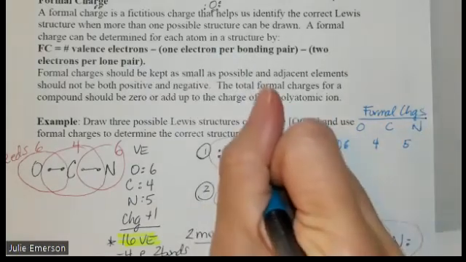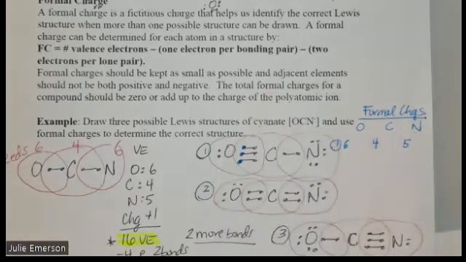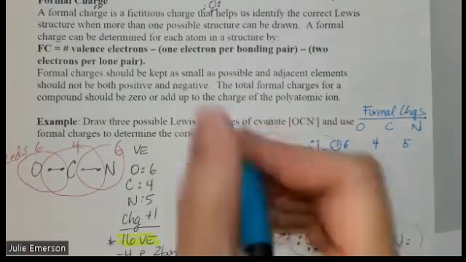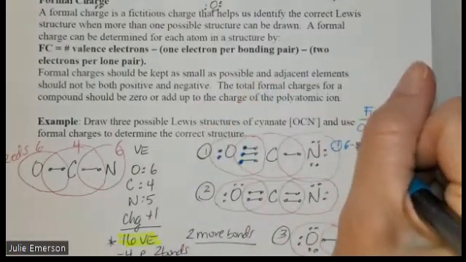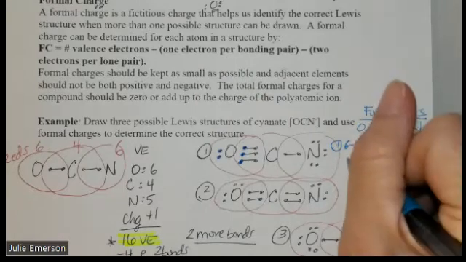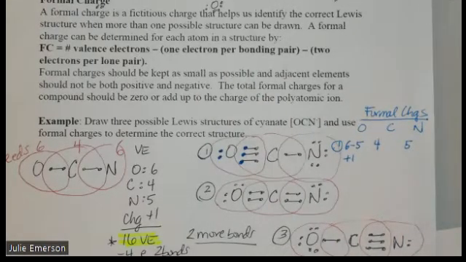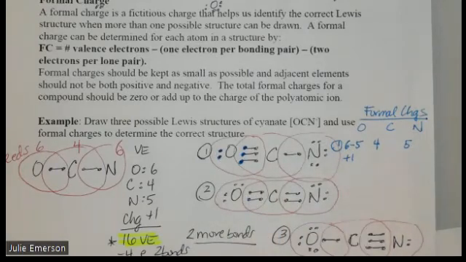So 1, 2, 3, those 3 we are assigning to the oxygen, and then 4 and 5. I think this is where it gets confusing. You're like, well, wait, I've only assigned it 5. It should have 6. And the formal charge is showing you that's probably not right. It has a net +1. Oxygen comes in with 6, we've only assigned it 5, 6 minus 5 is a +1.